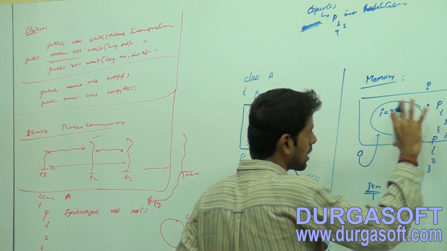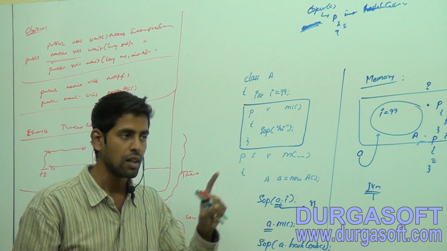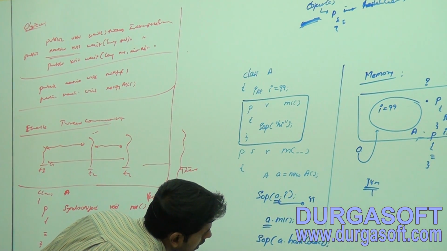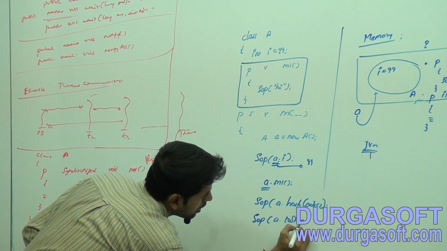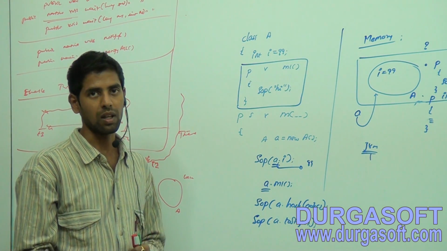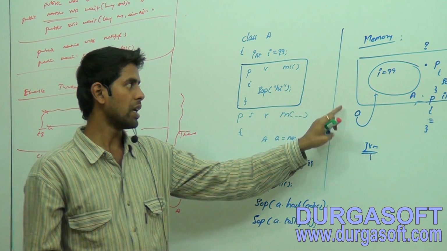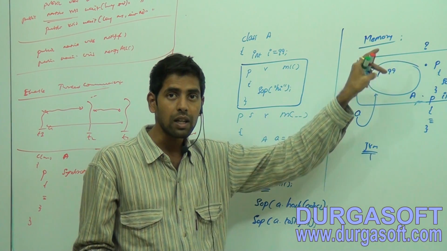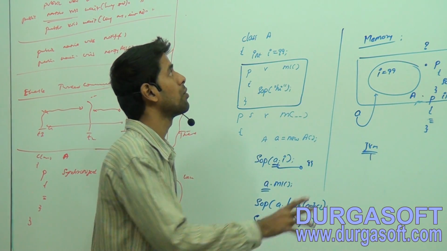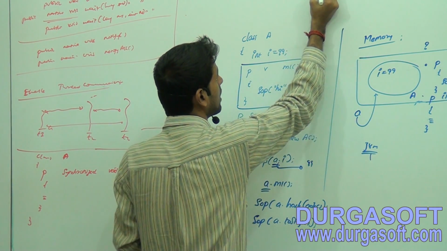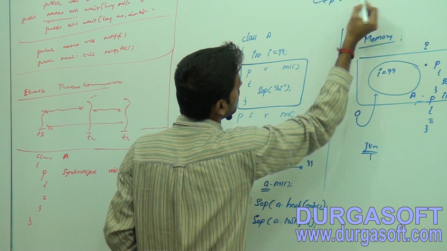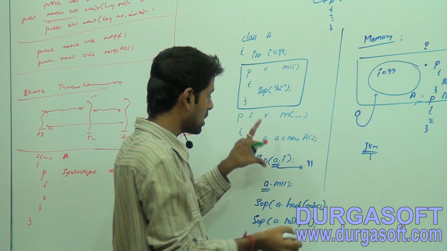this current underlying object. Now SOP of a.toString, can I call a.toString? What is this? Once again the same thing. Even the toString method implementation of Object class is available to this child.